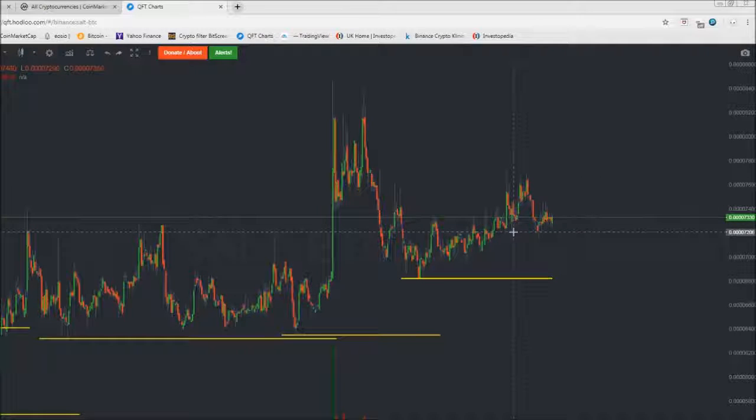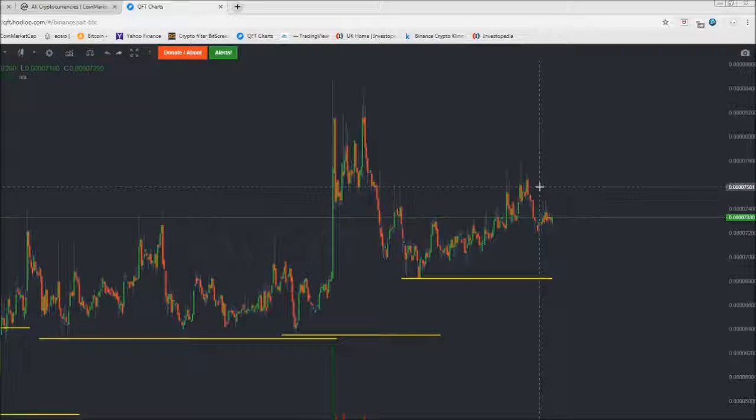And if you read through the various blogs and news articles on cryptocurrency and social media threads, you'll hear them talking about levels of support and resistance, and what they're giving are their predictions on various altcoins and the fact that they're going to break through resistance levels or support levels.